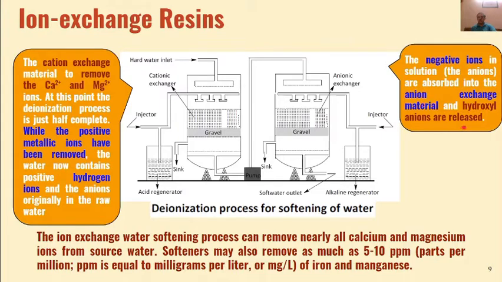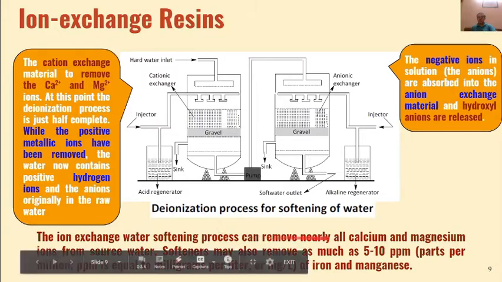Hydroxyl ions are released. Those H ions and hydroxyl ions combine to give us water, and the rest of the hard water salts, anions over here, cations over here, are removed and the process is completed.